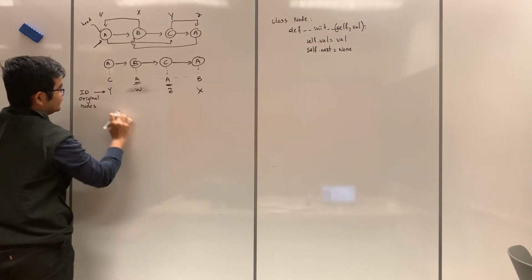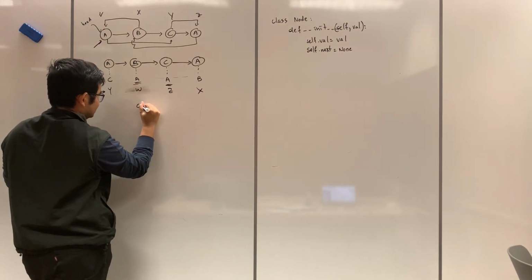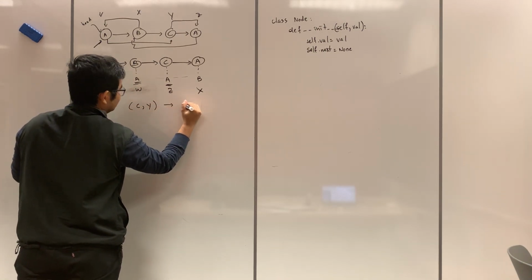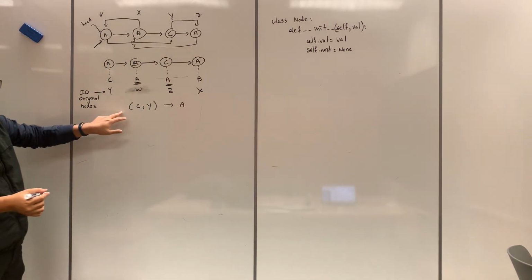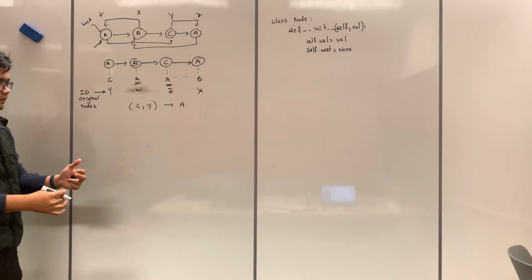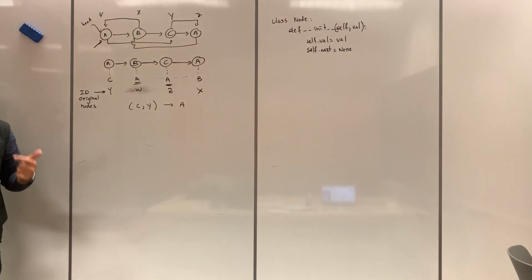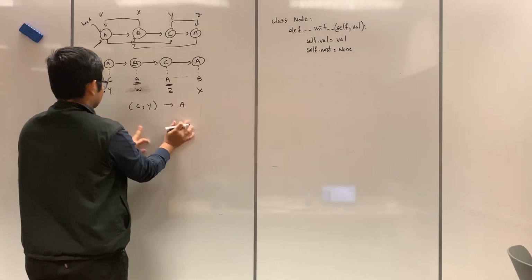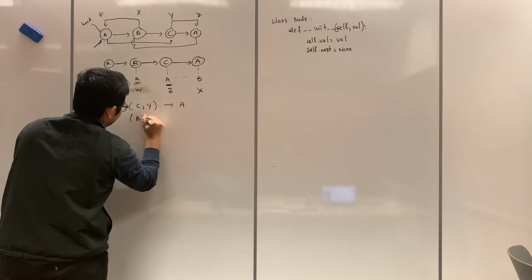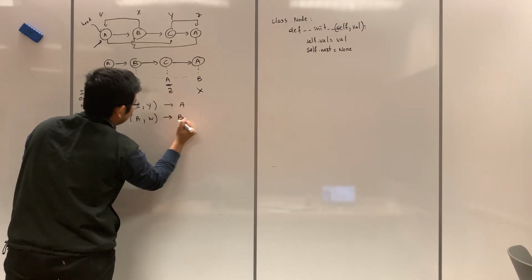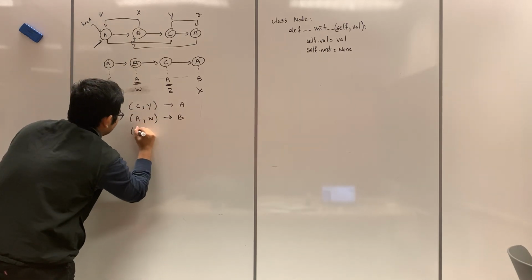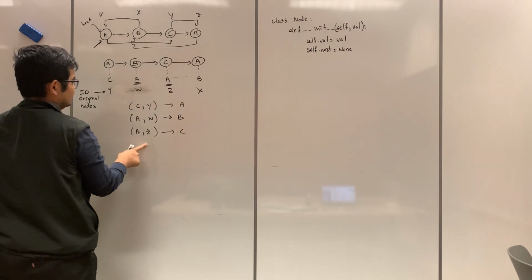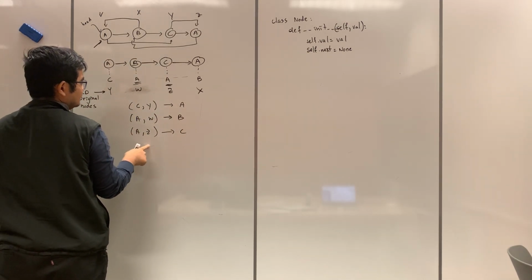So in that dictionary we have C, Y that maps to A. In Python, a dictionary is the same as a hash map. So a hash map allows us to do O(1) lookup, and takes O(n) space. So this would be C, Y, and this would be A, W, and then B, and then A, Z, C.